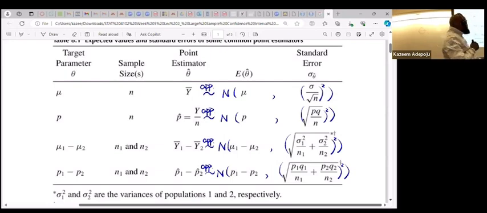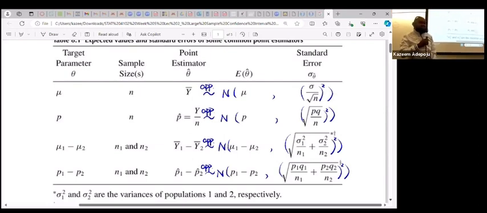We may want to figure out the mean, which could be the average household income in a particular country, or the proportion P, the true proportion, maybe the proportion of those living below a certain poverty threshold. And mu1 minus mu2, maybe we want to compare means in two populations, such as the standard of living in two countries.